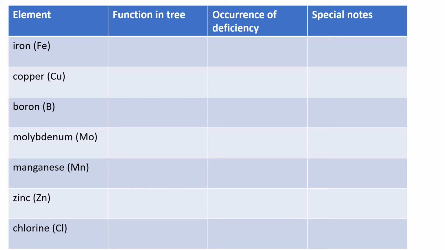So iron. Iron is involved in synthesis of chloroplast proteins, so photosynthetic proteins, and also is a cofactor in respiratory enzymes. In terms of deficiency, iron is probably the most common micronutrient deficiency.